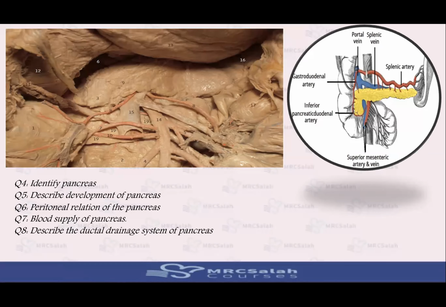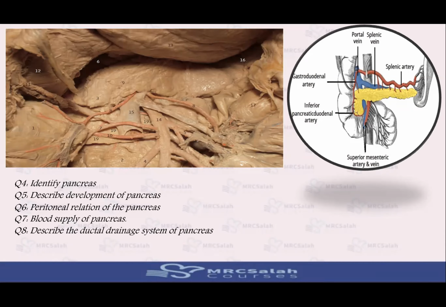The ventral bud from the hepatic diverticulum and the dorsal bud from the dorsal part of the duodenum. Okay, and the ventral bud gives which part of the pancreas? The ventral bud gives the uncinate process and the lower half of the head, and the dorsal bud gives the upper part of the head and the remainder of the pancreas.